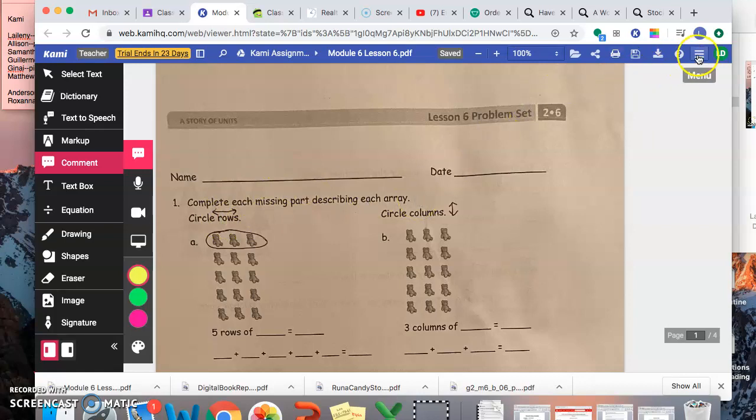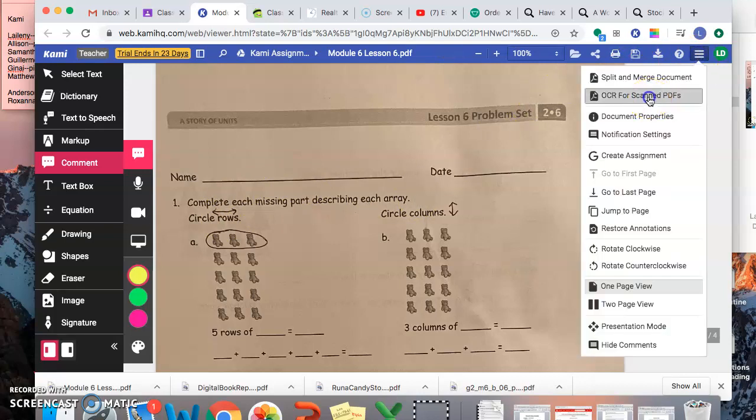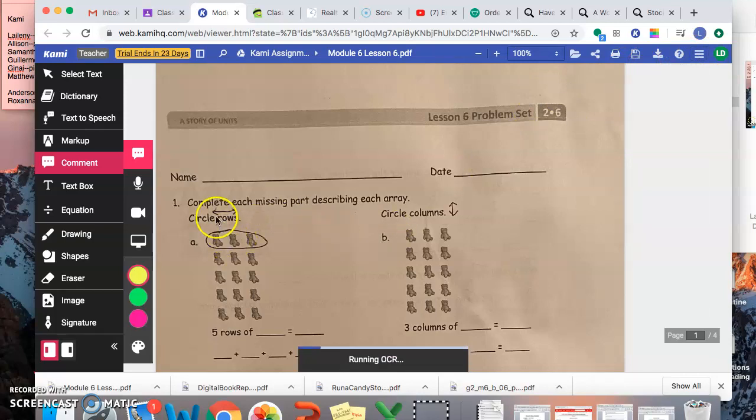So again, on your paper for today, for the rows I would put the arrow going across, and for columns I put the arrows going up and down. So it just gives you a little bit of extra support when you're filling out your work today. Okay? And now I'm going to do, of course, a problem or two, like always, with you. So you have that for your model for when you go to complete this paper.